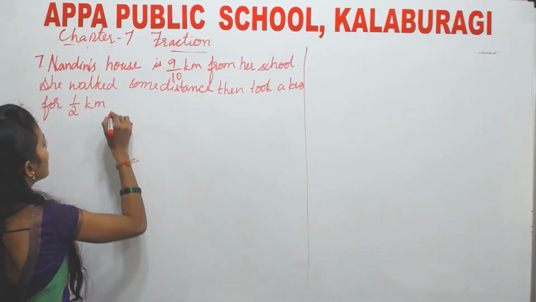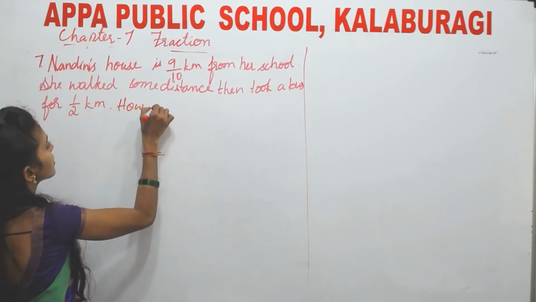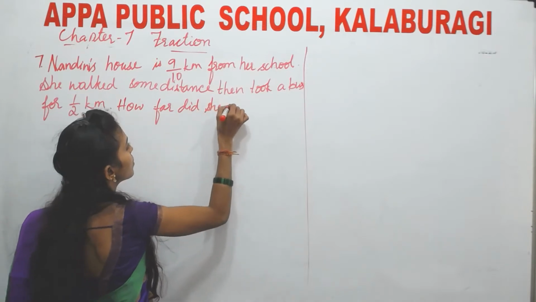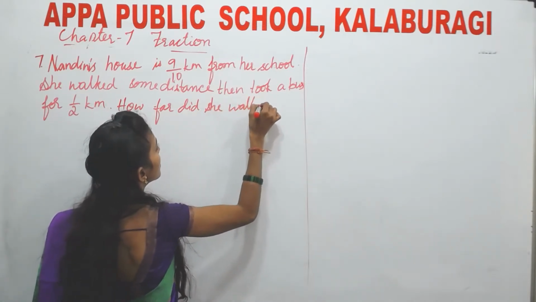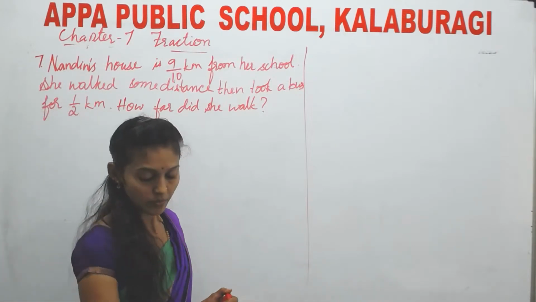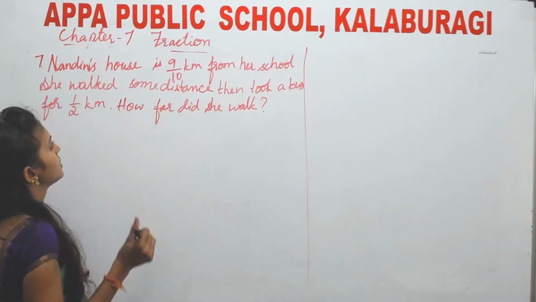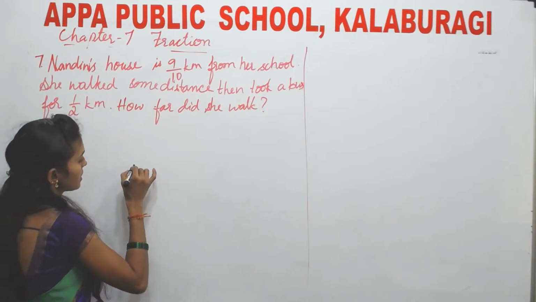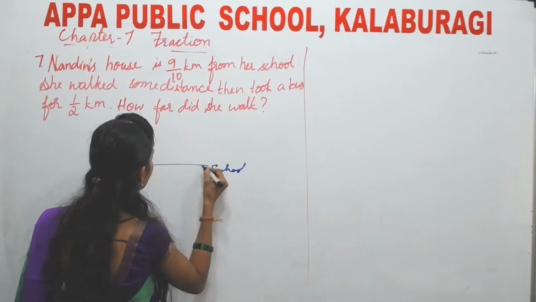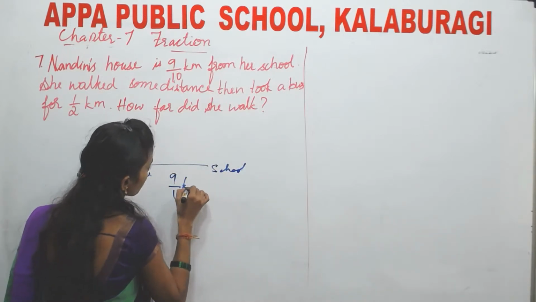How far did she walk? Come on. See, Nandini's house, the distance between house and school is 9 by 10 kilometer.